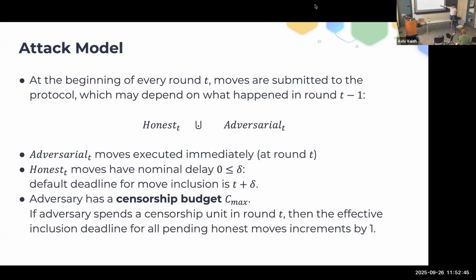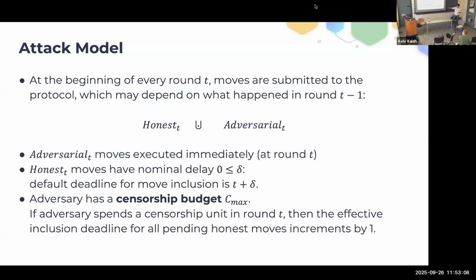This all goes into the nominal delay. So in the formal model, if a move would be submitted by the honest strategy at round T, then the default deadline for its execution is T plus delta, where delta is some parameter. In practice, it's like 20 minutes today.